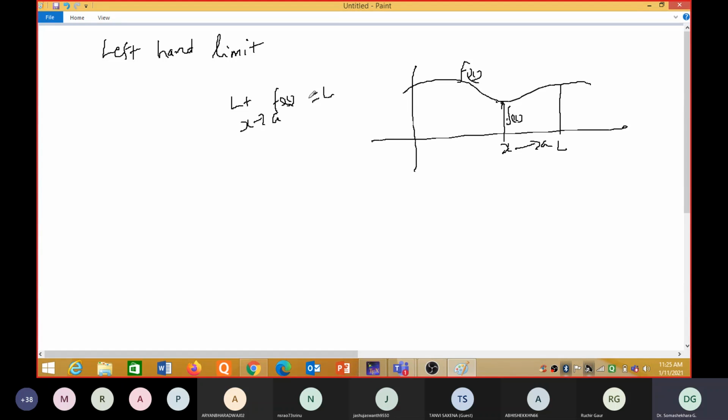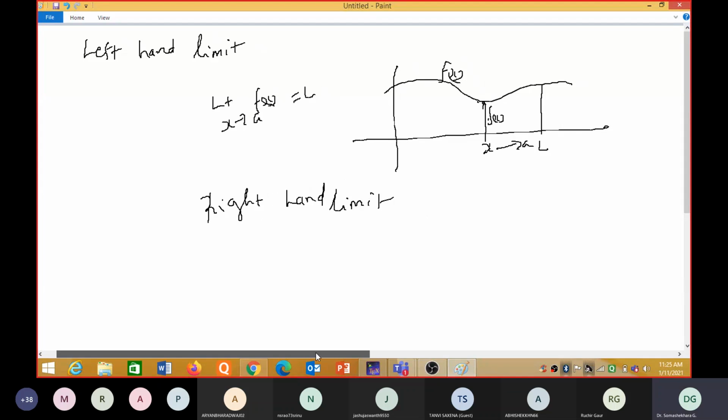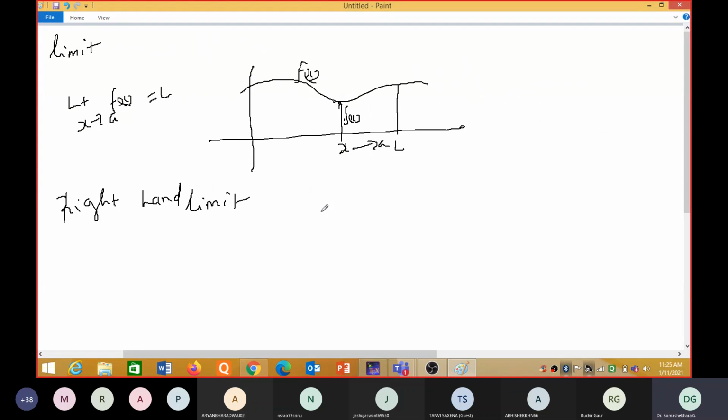Understanding now? What is the right hand limit? Similarly, right hand limit. This one also I can explain graphically. See, this is a graph like this, and somewhere here is the function f of x.